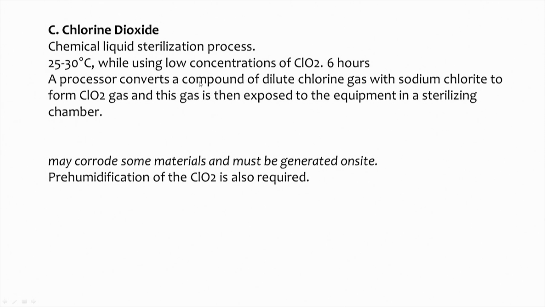So we have sodium chloride and chlorine gas, which produce chlorine dioxide, and your equipment is exposed to this. Of course, material may get corroded because chlorine dioxide is extremely corrosive. We have oxygen and chlorine, both can corrode metals. Pre-humidification of chlorine dioxide is also required, which means we need to add a little bit of moisture. So a lot of different methods.